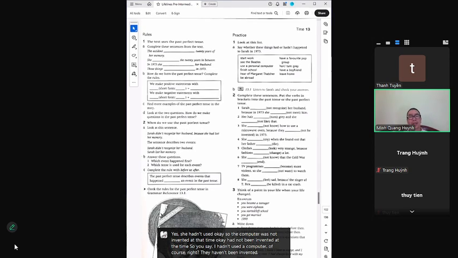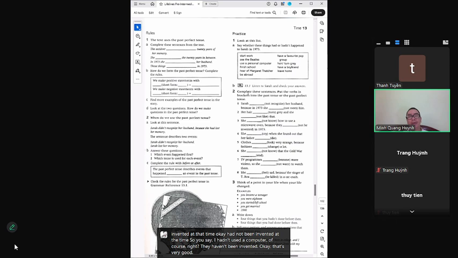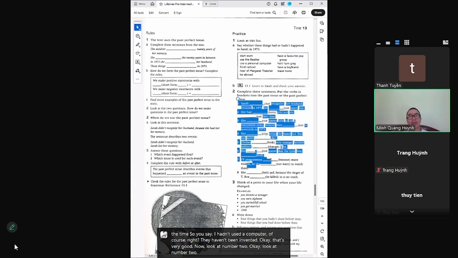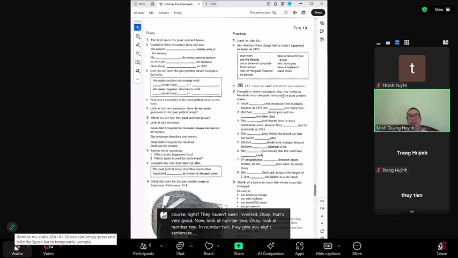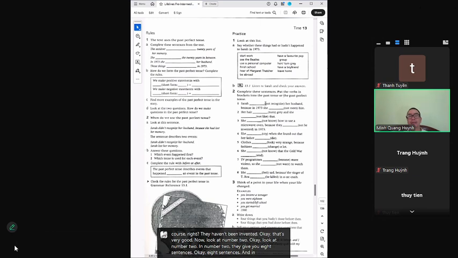Okay, that's very good. Now look at number 2. In number 2, they give you 8 sentences, and in each sentence they have 1 or 2 verbs. They ask you to put the verb in the past perfect or the past simple.